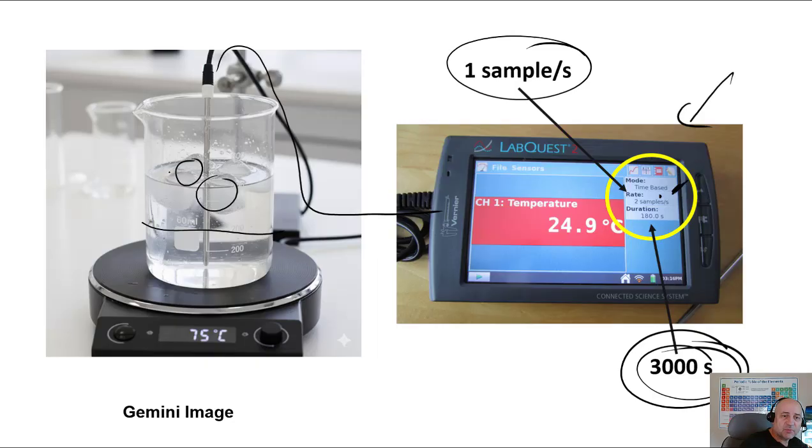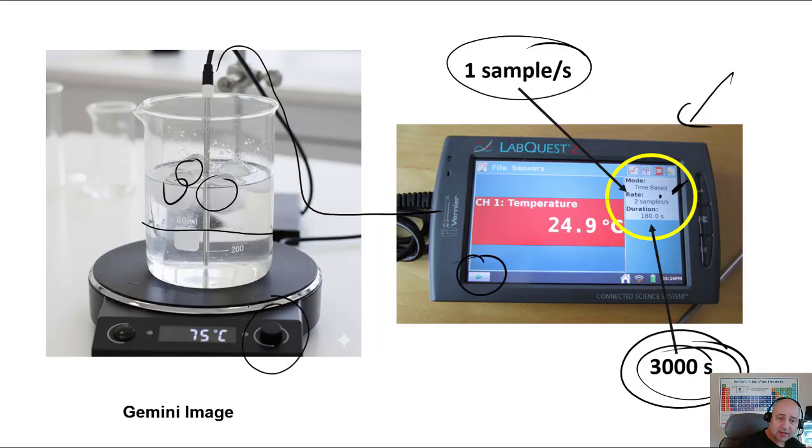We're going to dump some ice cubes in there, and we want them to melt at the freezing point, which is 0 degrees. So we'll have to use ice water. You pour 200 milliliters in there, then you dump the ice in, then you press play and it starts recording.